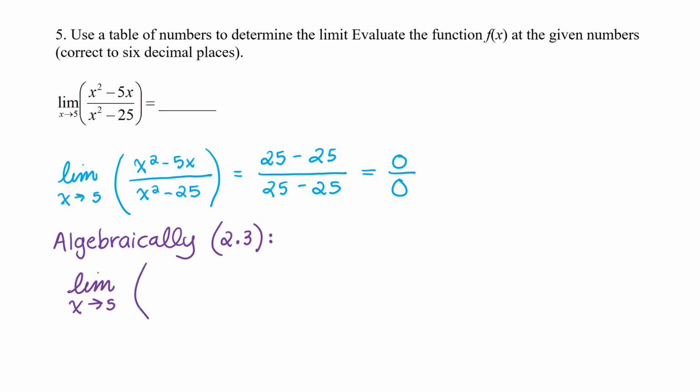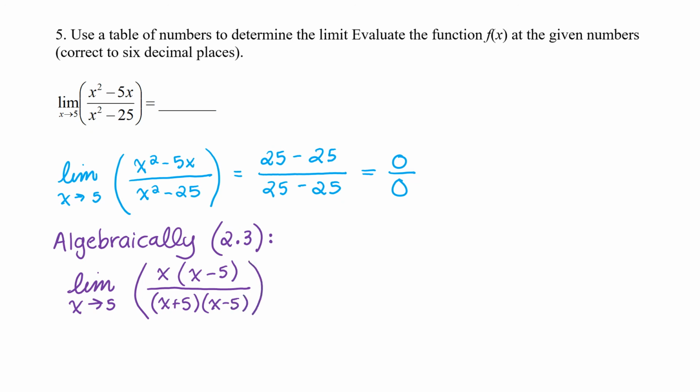of, well, this can be factored. So x squared minus 5x, we have a common factor of x that we can factor out. So we have x times the quantity of x minus 5. And if we look at x squared minus 25, that's a difference of squares. So that can be factored to the quantity x plus 5 times the quantity x minus 5.